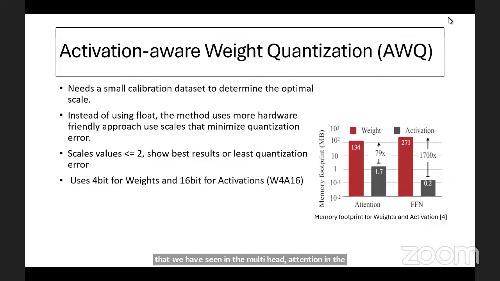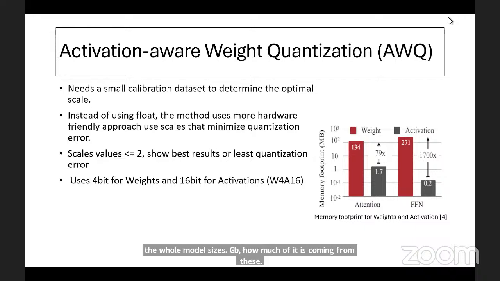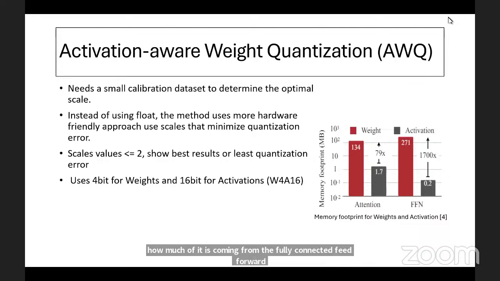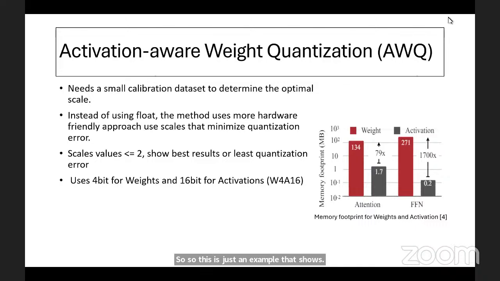In terms of footprint, if the whole model size is 60 GB, how much of it is coming from the multi-head attention and how much is coming from the fully connected feed-forward layer. This is just an example that shows that the weights from the attention mechanism contribute much more compared to activations. So this is their way of justifying using higher bit precision for activation.